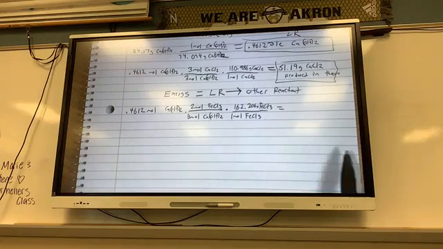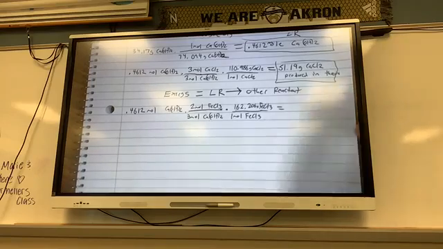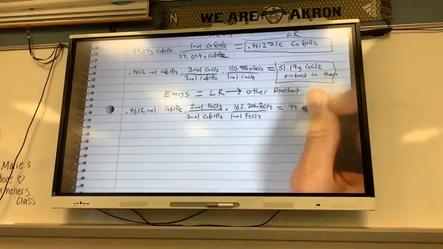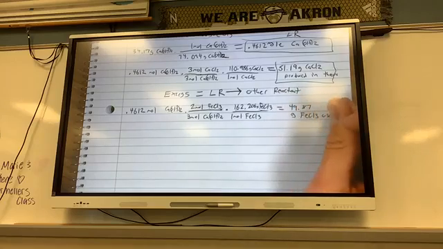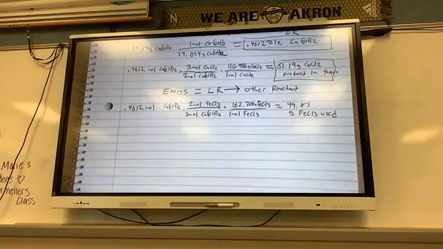I will then take this number and do what with it? Subtract. Yes. So this is going to tell me that I used 49.87 grams of FeCl3. That is how much I actually used.